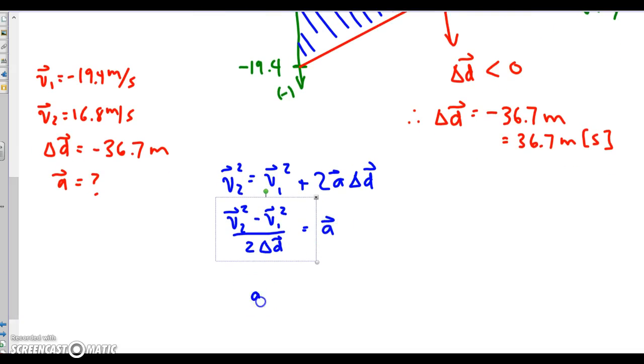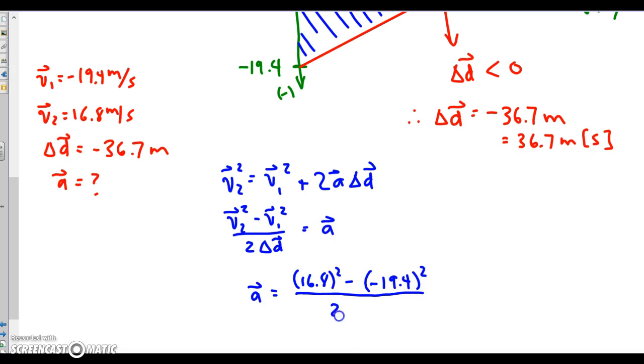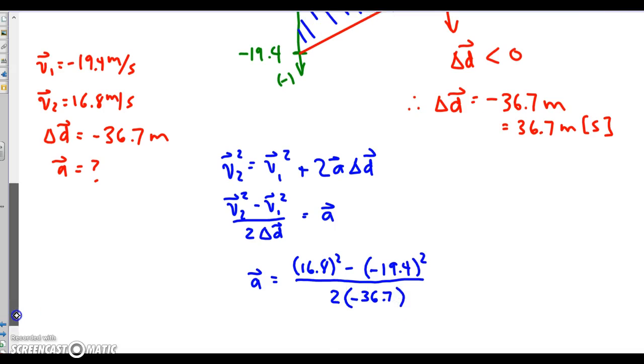Now I'll just substitute in my numbers. v2 squared was 16.8 squared. v1 squared was negative 19.4 squared. But when I square a negative number, it becomes positive. So I'll keep that in mind. And my displacement is negative 36.7 meters.